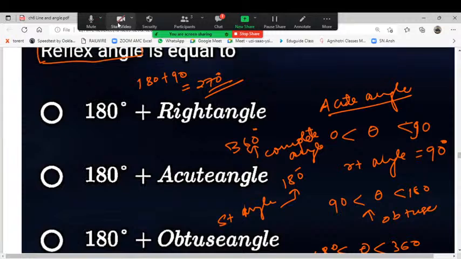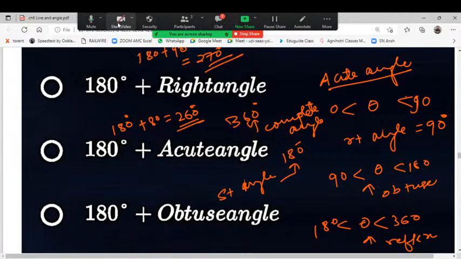Yes, sir. Exactly. If I add 180 to any acute angle, maybe 80 degrees, I will get 260. Do you think 260 is a reflex angle? Yes, it is. Adding 180 to an acute angle gives a reflex angle. If I add 180 to an obtuse angle, maybe 200, what am I getting here?